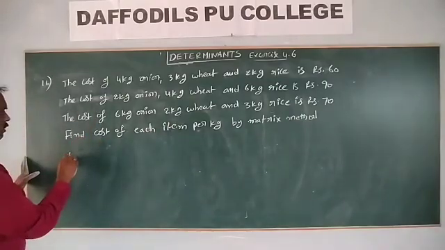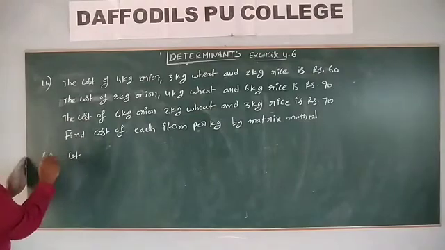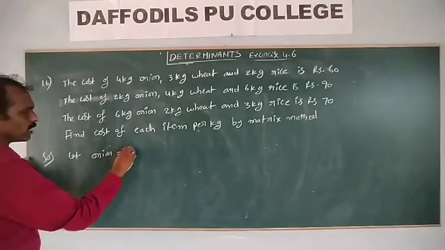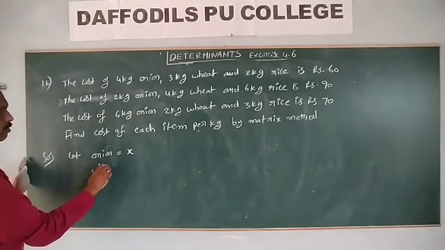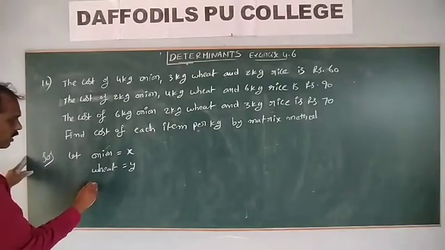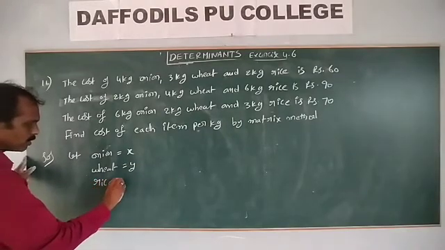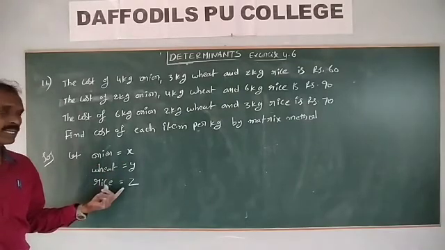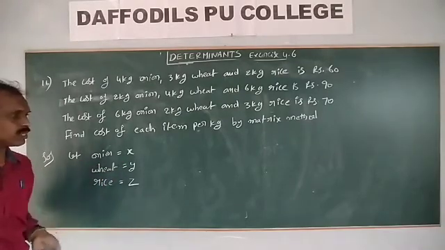Cost of each item: like this you write. Let onion be x, wheat is y, variable y, and rice, let it be z. So onion is variable x, wheat is variable y, rice is z, unknown values x, y, z.